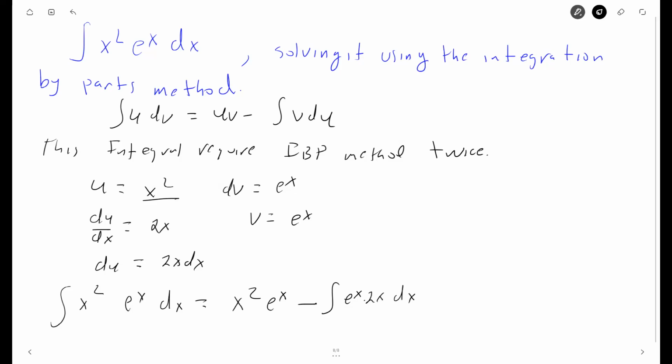This requires another integration by parts. So right now we have x squared e to the x minus the integral of e to the x 2x dx, and we're going to do a second integration by parts.